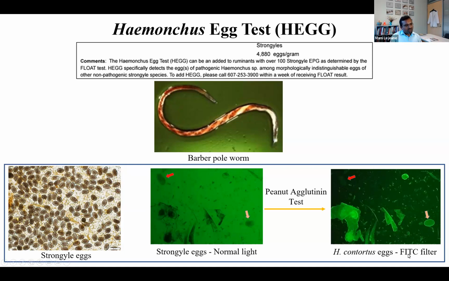But if you change the filter to FITC and allow a particular wavelength to pass through, you can see the Haemonchus egg get stained, but the other strongyle eggs are not visible. In that way, we can identify Haemonchus and confirm it is present in a fecal sample.